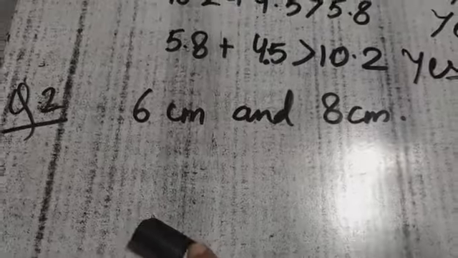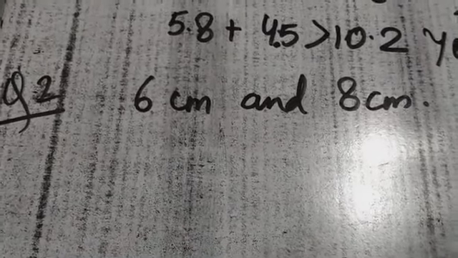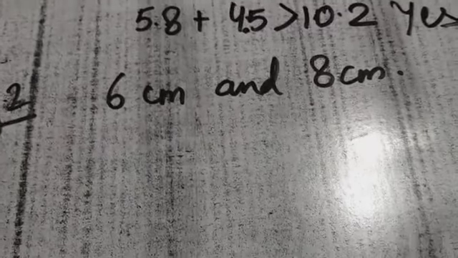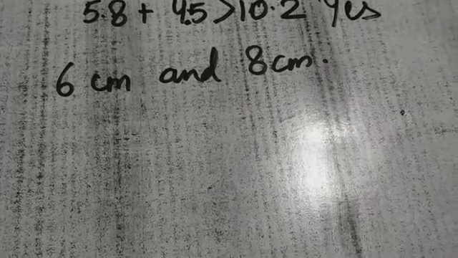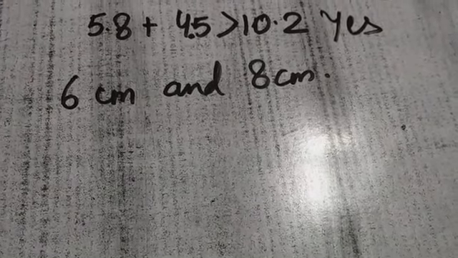Now moving on to the next example. In this we are given two sides, 6 centimeter and 8 centimeter. Now we are asked, what will be the length of the third side, or between which two measurements will the length of the third side lie. We can't tell the exact length of the third side.